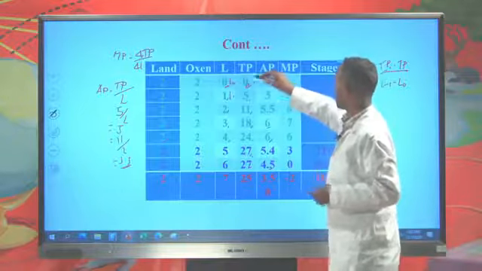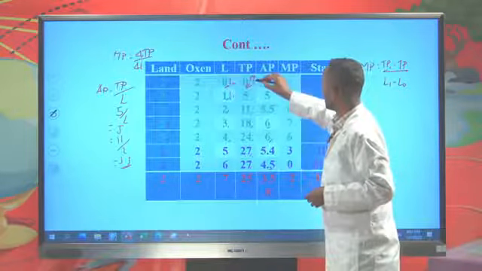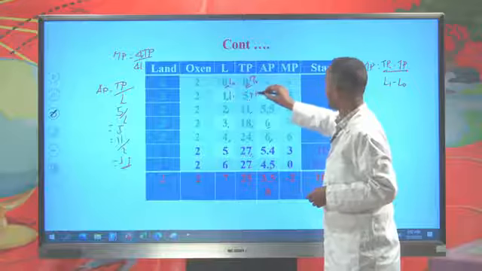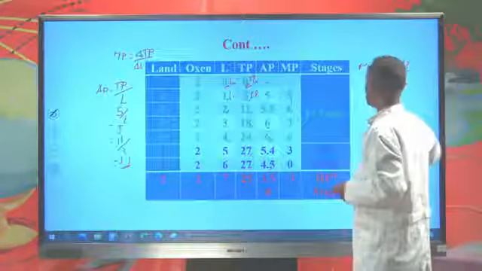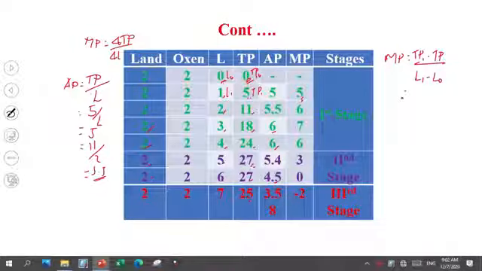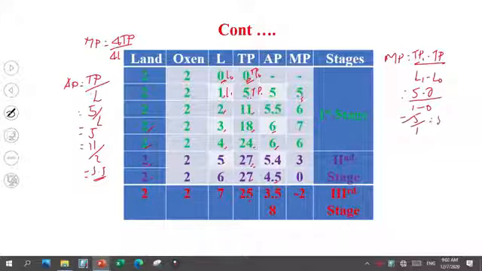Let's take this 0 as TP initial and this 5 as TP final, and then when we substitute this information in the formula, the value of TP final is 5 minus TP initial is 0, divided by labor final is 1 minus labor initial is 0. This is 5 over 1, which is 5.